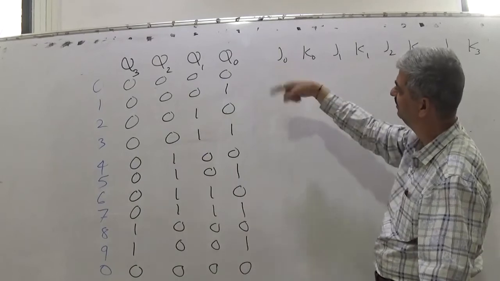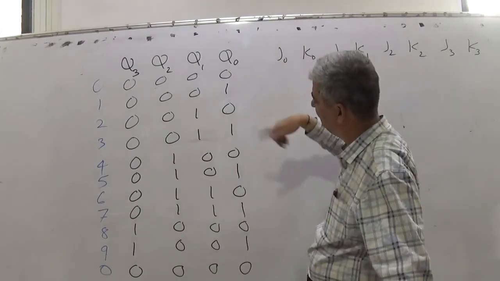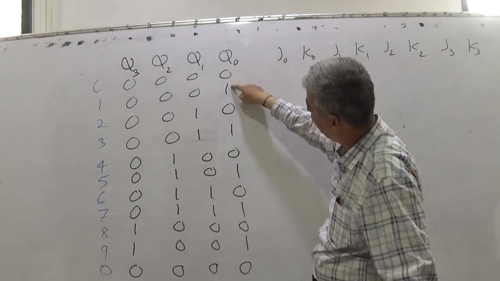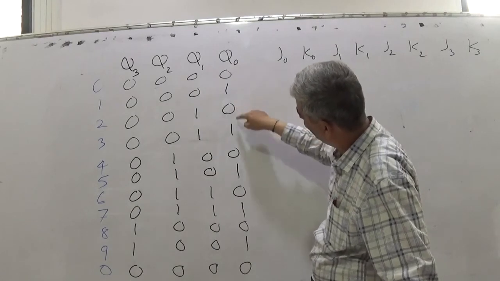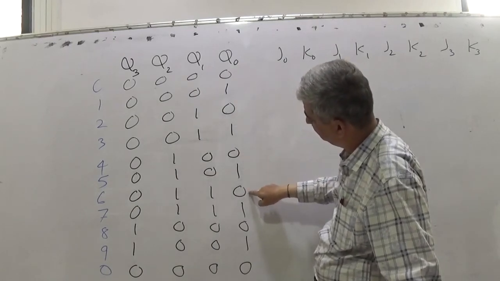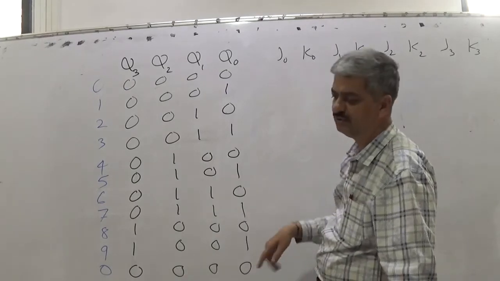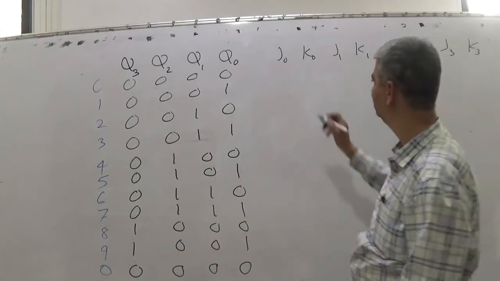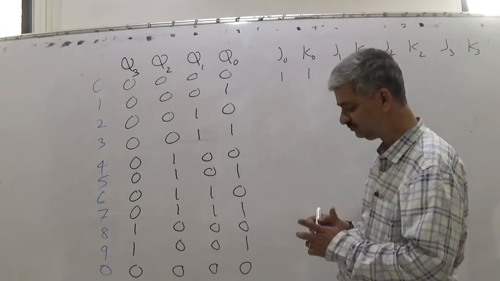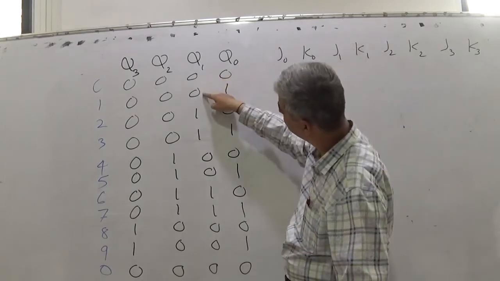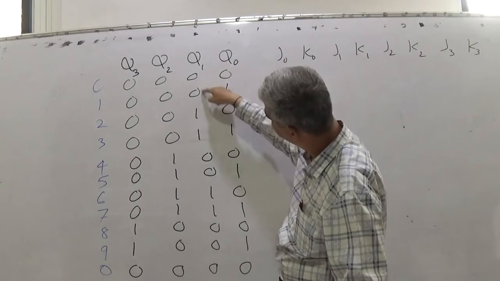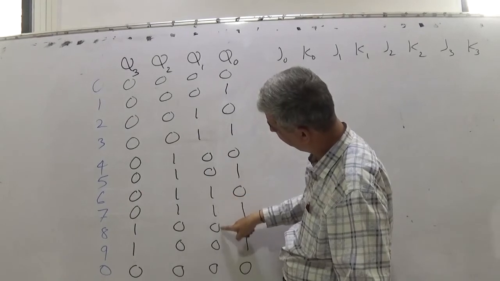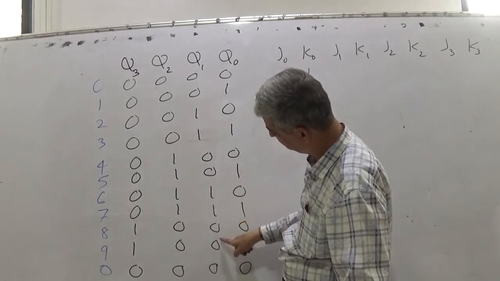Look at the changes. If you find something very simple, you can go easily. For Q0: 0 1 0 1 0 1 0 1 0 1. So it is directly toggling always. So you can write J0 K0 as 1 1. Now if you look at Q1, same, toggle, same, toggle, same, toggle, same, toggle, same.